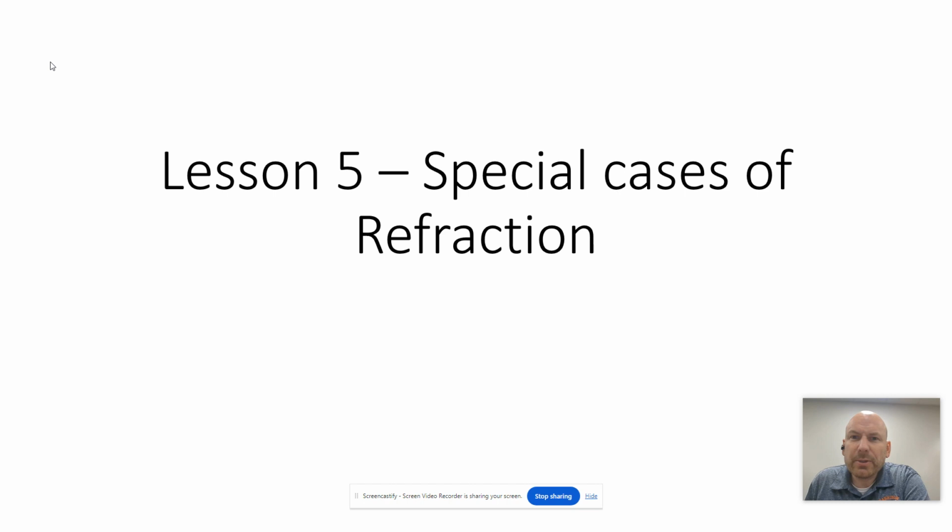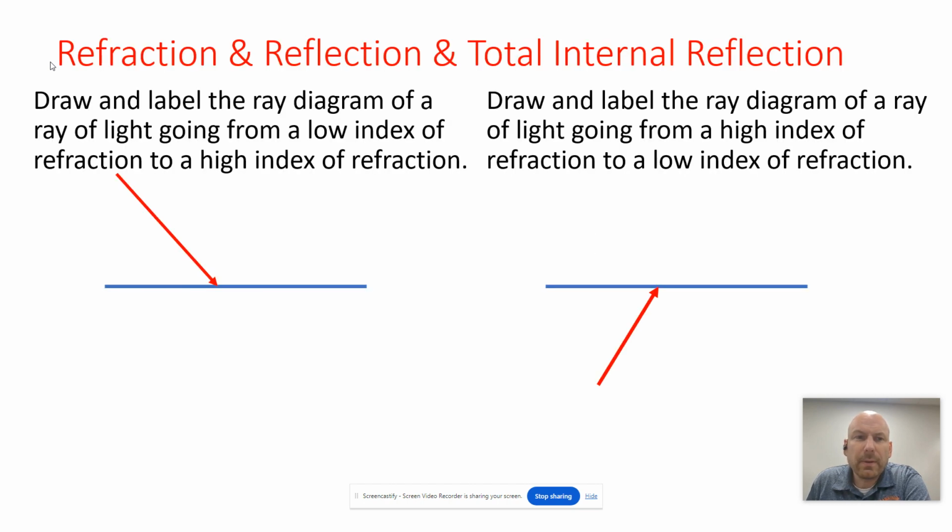All right, looking at special cases of refraction. So think about what would happen for the light ray going from a low index of refraction like air into a higher index of refraction like water. What would happen? Well, it will bend.